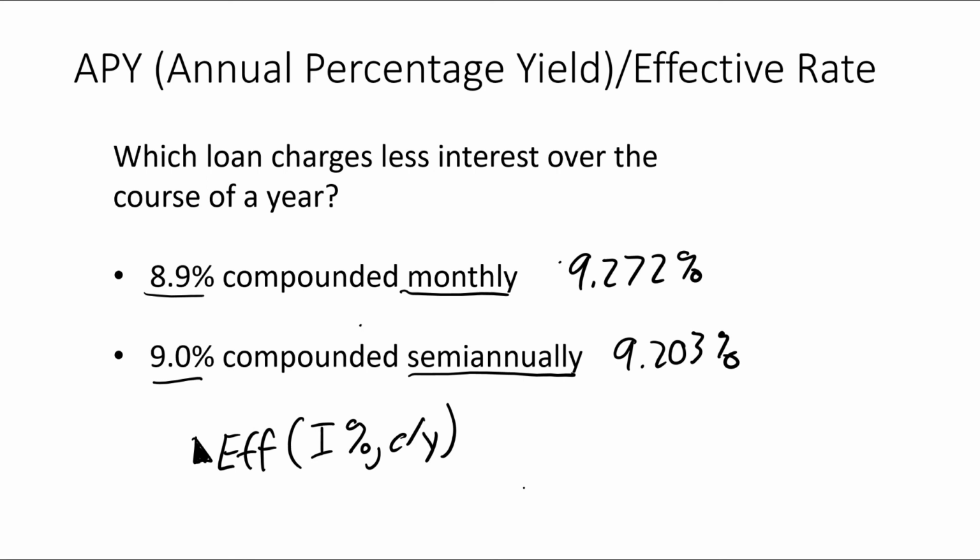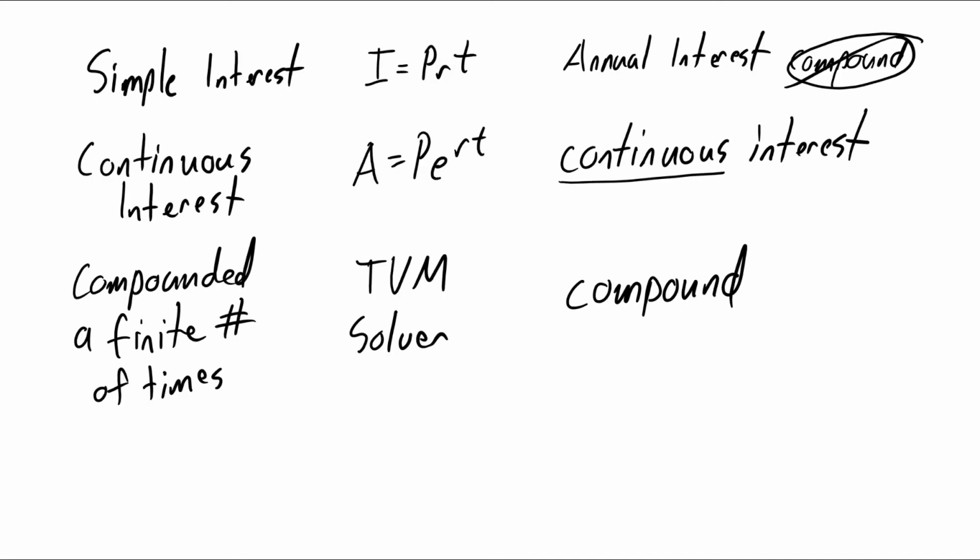So in this video, we've looked at simple interest. We've looked at continuous interest. We have looked at interest compounded a finite number of times, and then APY and effective rate. So we've covered quite a few topics. As a reminder, simple interest we use when it is not compounded.